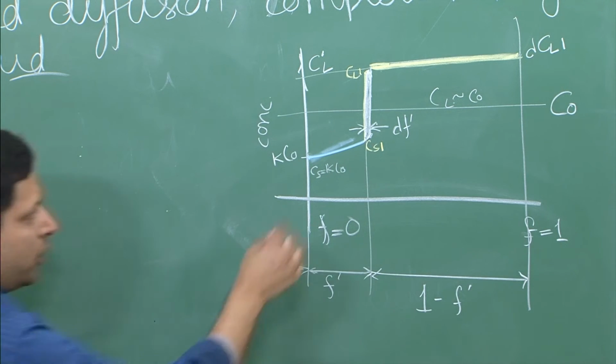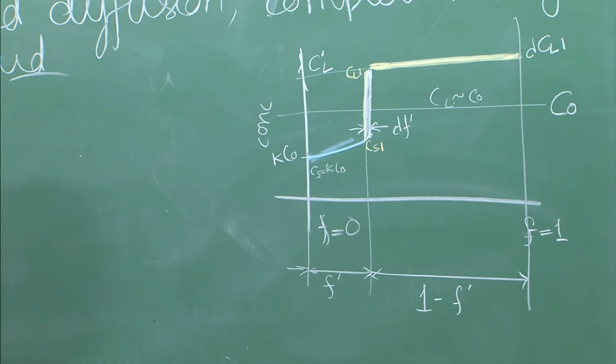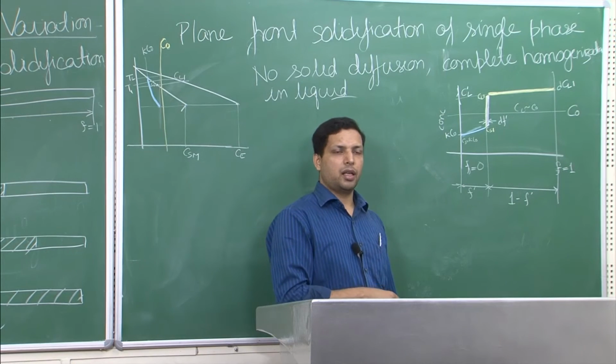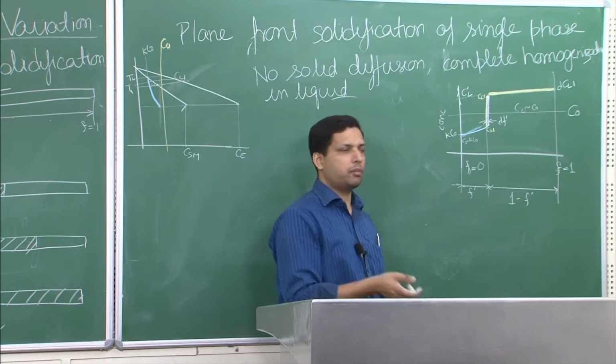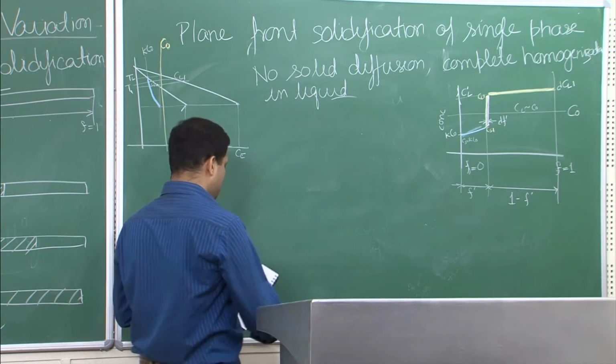Now the amount of solute that has been rejected from this formation of new layer gets into the liquid. So this amount of solute can be equated. Whatever amount has been ejected from solid must be getting into the liquid part. So let's try to formulate the equation for that.